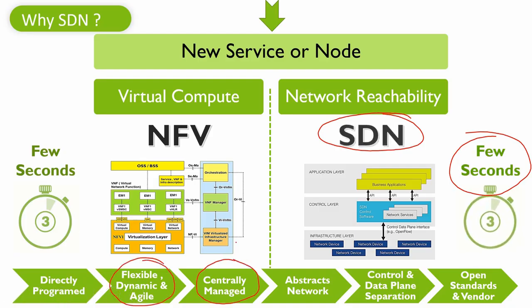They abstract the network and decouple the control and forwarding plane based on open standards. They are supported by more or less all the vendors, and they are neutral to the vendor. We have already discussed more or less all of these points in the previous slide.